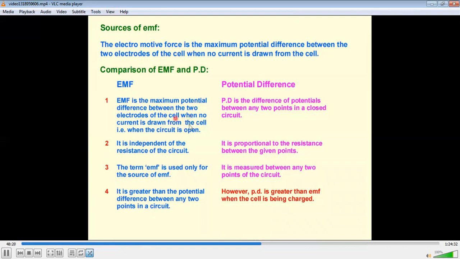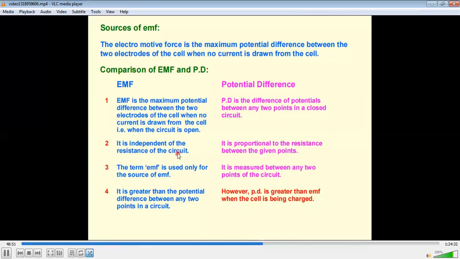Number 2, potential difference is dependent on the resistance of the circuit. It is proportional to the resistance between the given points. That means if the potential difference is high, then resistance is also high. Number 3, the term EMF is used only for the source of EMF. Potential difference is measured between any two points of the circuit.